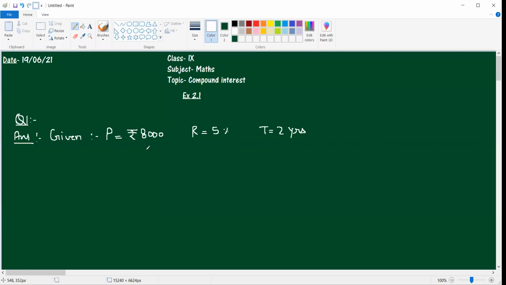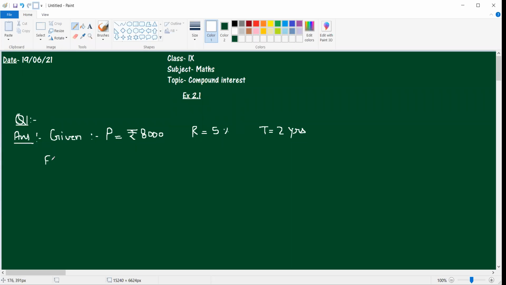On that principal, the rate R of 5% will be charged, which means on the original sum of rupees 8,000 we get 5% interest plus the interest of the first year. Again, on the interest of the first year we get 5% extra interest. That means interest on interest we receive in successive years after the first year. So that makes it compound. Clear?